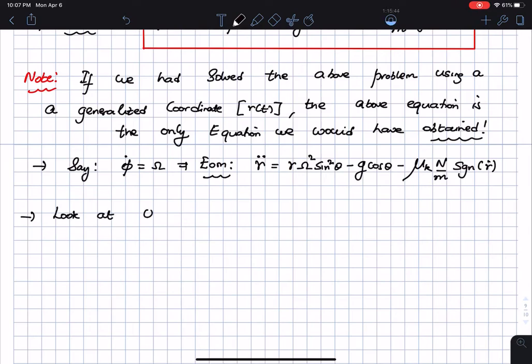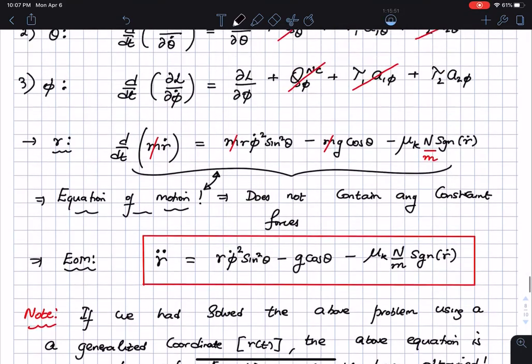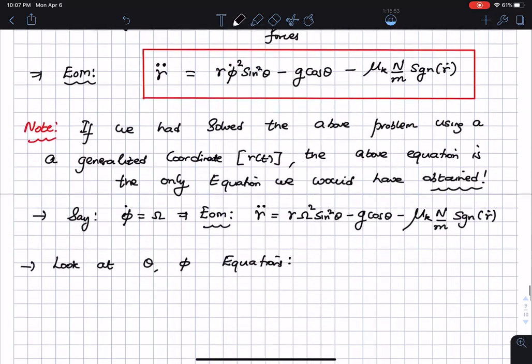Now look at the theta and the phi equations. We started off with the r equation, so I'm going to look at the theta equation.